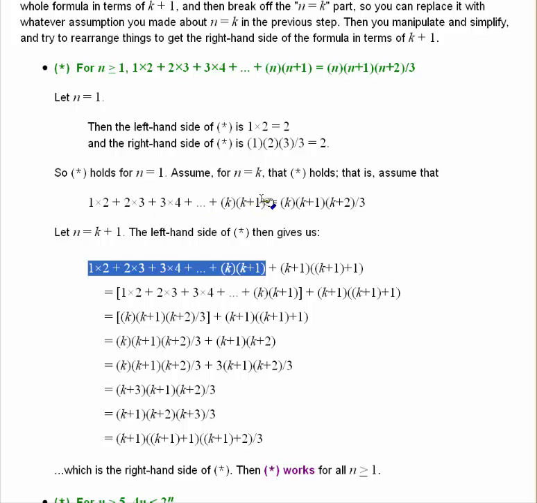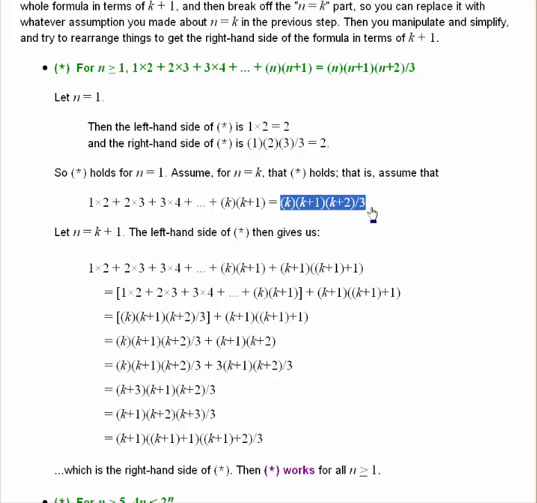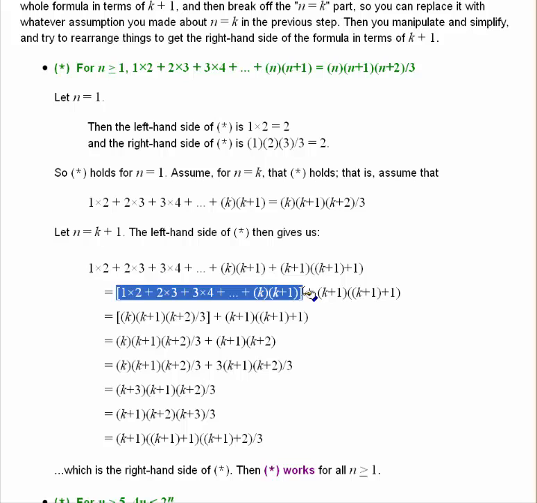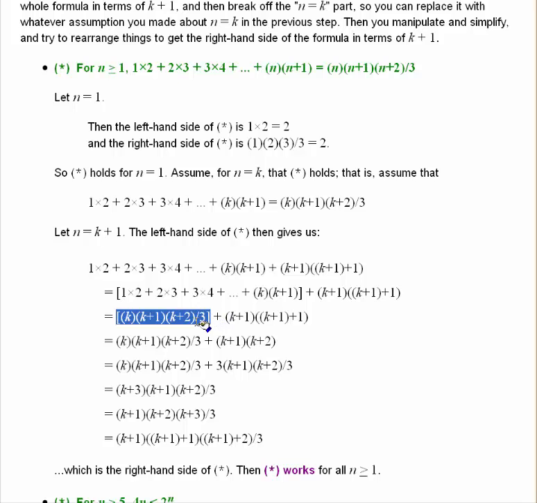That means I can replace this part with this expression here, which is exactly what's done here. She's bracketed off the first k terms, and she set that equal to the right-hand side of my assumption. Okay. Now, of course, I still have the last term, so I need to leave that here.